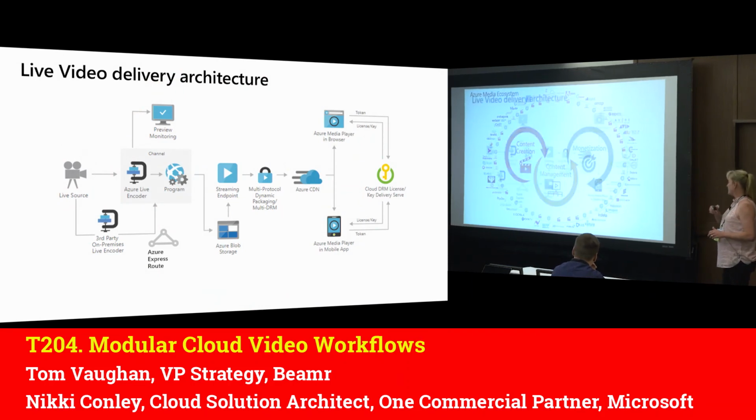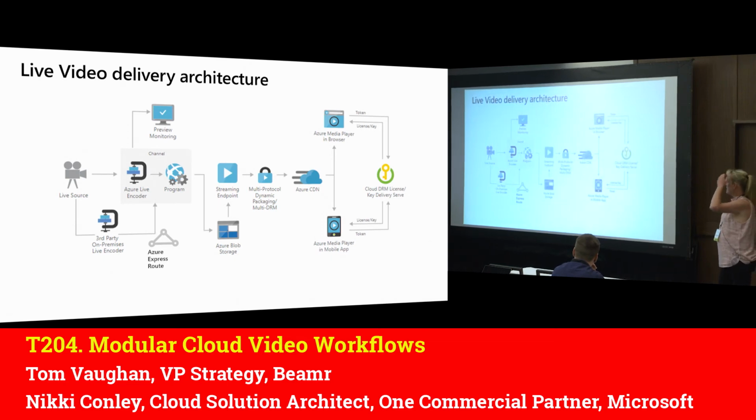And then lastly, and I want to leave time for questions, this is an example of a live video architecture. You can find this in the Azure Docs Architectures. Basically, you have your live source, you've got the channel that you're broadcasting to, and if you need ExpressRoute, that's networking for low latency.